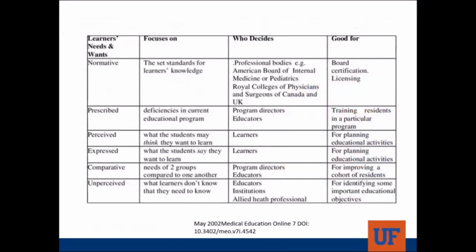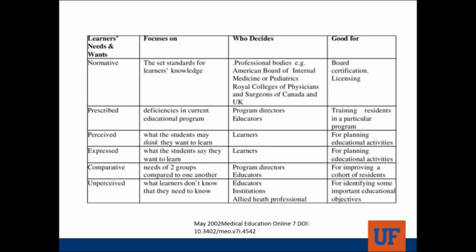When we think about the needs assessment, we can think about normative needs, the standards that are accepted for a particular course of training. And these include professional bodies like a board of practice or a college. These can include the kinds of skills that are necessary for certification or licensing.